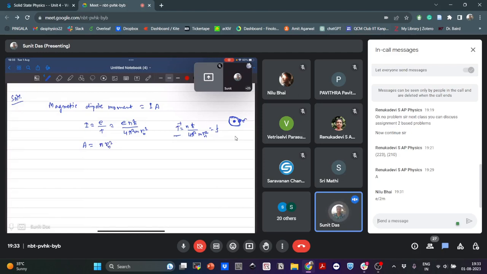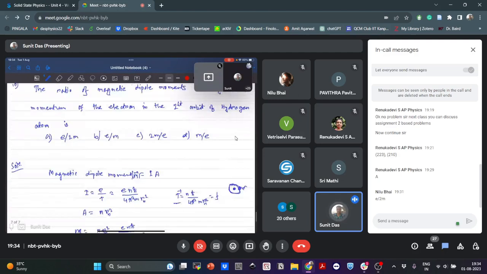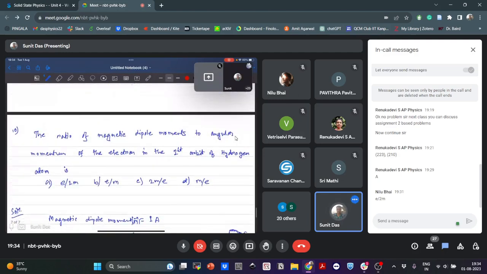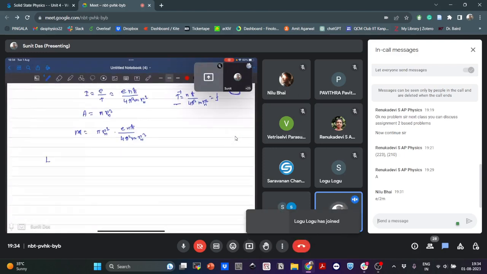So the magnetic dipole moment, in mod value, is pi r n square into n h bar by 4 pi square m r n square, times e. We have to find the ratio of magnetic moment and the angular momentum. The angular momentum L is given by n h bar, right, for the nth orbit.